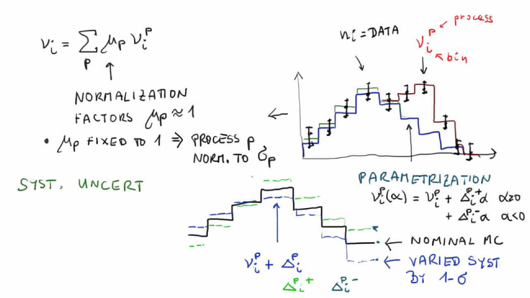In principle, this linear parameterization is not mandatory, and one can write in general ν_pi(α) is equal to ν_pi plus δ_pi(α). Nevertheless, it is very convenient to choose such parameterization that δ_pi(α) is 0 when α is 0.